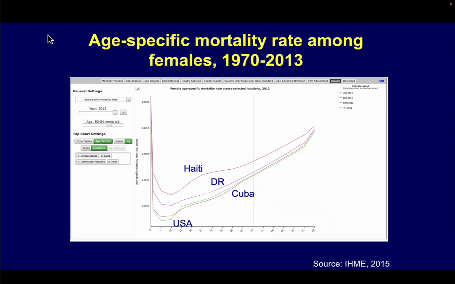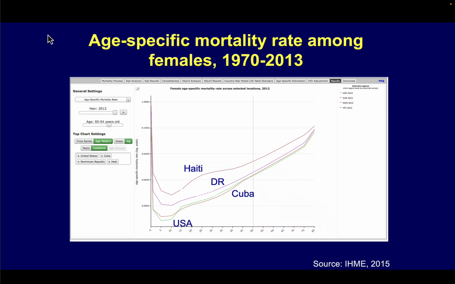And this slide shows age-specific death rates using the data for Haiti on the slides that I showed you previously, alongside data from the Dominican Republic, estimated using similar methods, as compared with that of Cuba and the United States, which are places where vital registration is more complete and reliable.